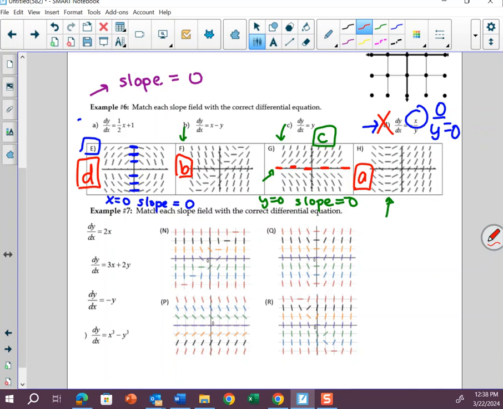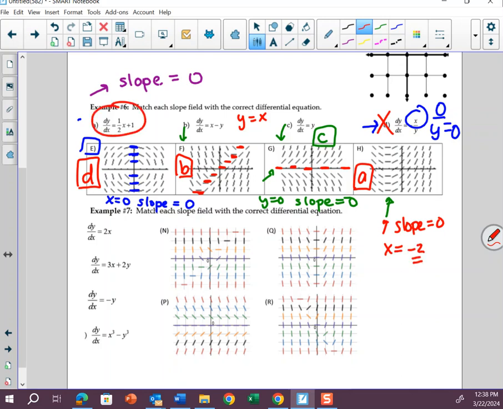Where are my 0 slopes on F? When x and y are equal, right? When y equals x, the slope is 0. So right along that y equals x line, we get that slope of 0. In this case, we get a slope of 0 everywhere that x equals -2.